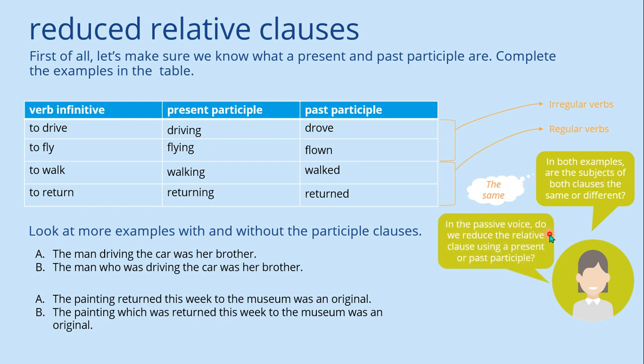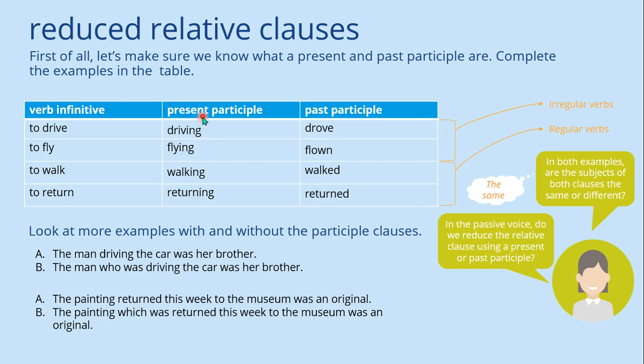In the passive voice, we reduce the relative clauses using present or past participle. Can you see here? Who was driving? Is it an active sentence or passive sentence? Who was driving is an active sentence. Which was returned? Is it active or passive? This is passive. Now look at this. We reduce the relative clauses using the present or past participle.